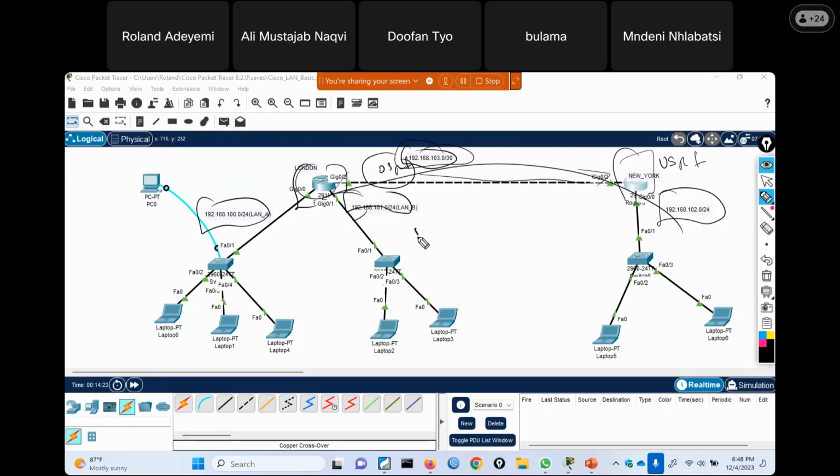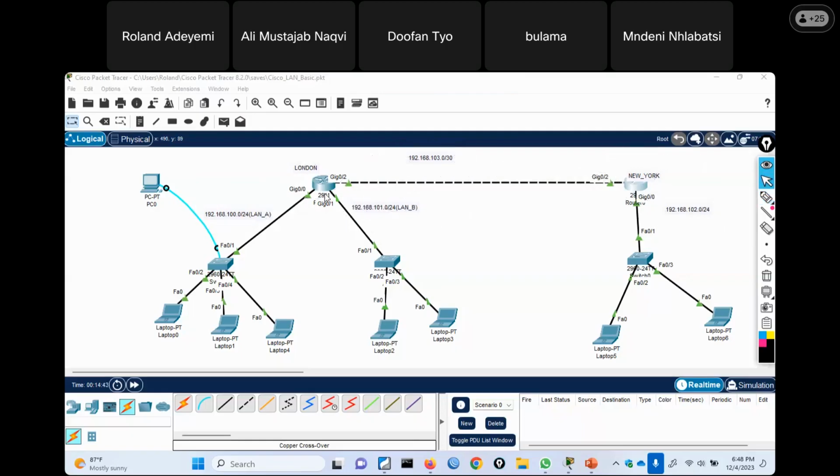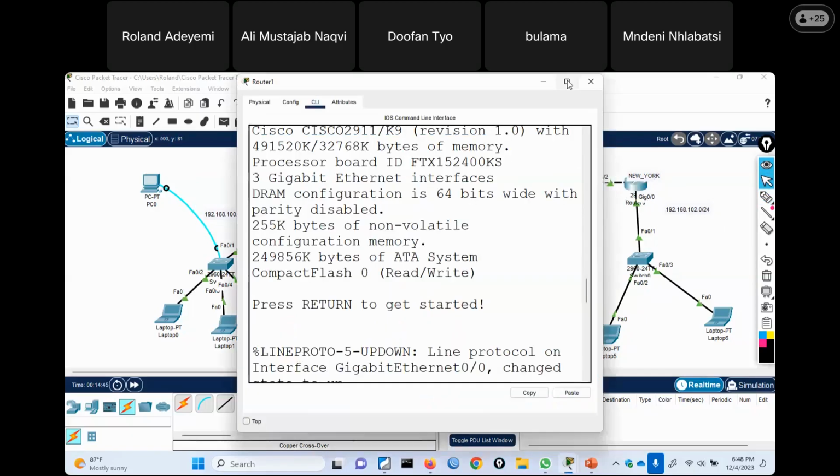Take note, directly connected networks under the OSPF, not remote networks. In static route, we configure remote networks manually, but under dynamic routing protocol, we tell them to sort themselves out, even though we get involved briefly. Let's do it and see. I can go to my London router now.